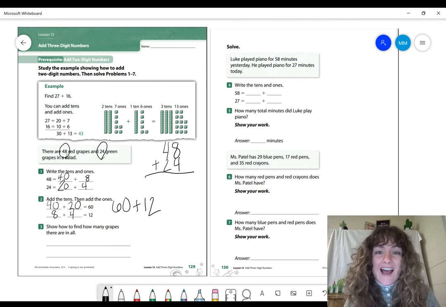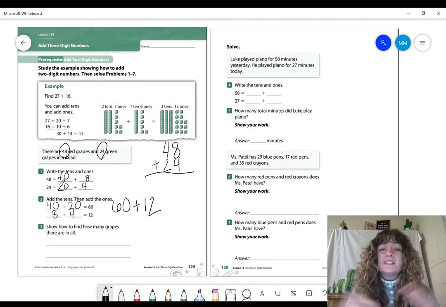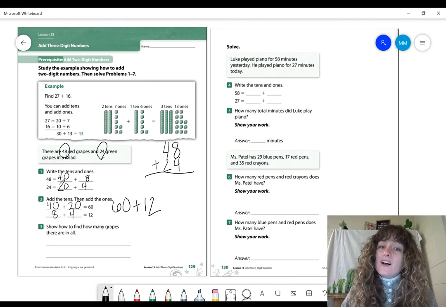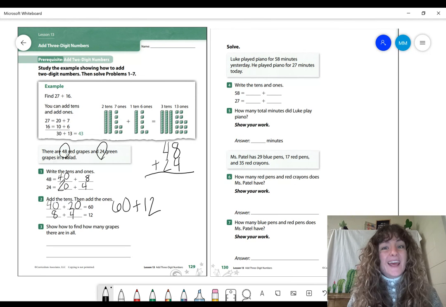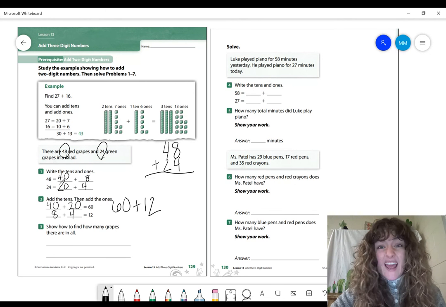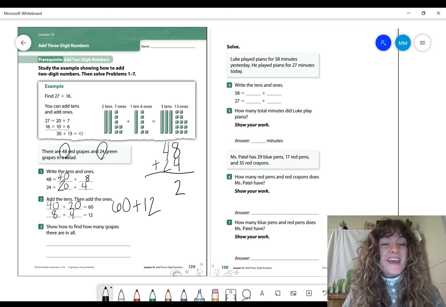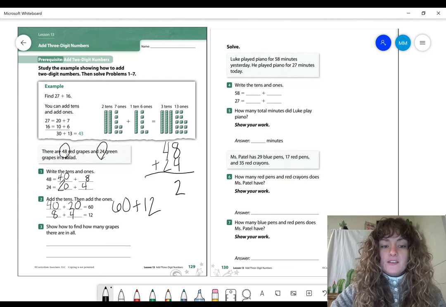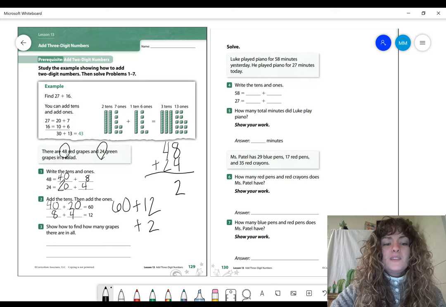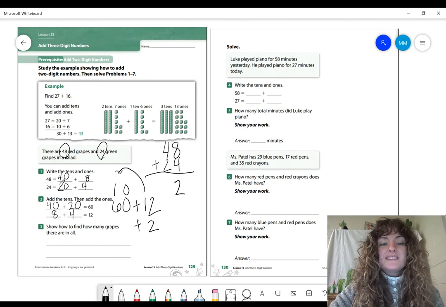I cannot have 12 ones in the ones place because the number 12 has a group of 10. So in the number 12, my 2 ones hang out with my ones place. So I am going to show that down here too. So my 2 ones hang out in my ones place, and my 10 moves to my tens place.